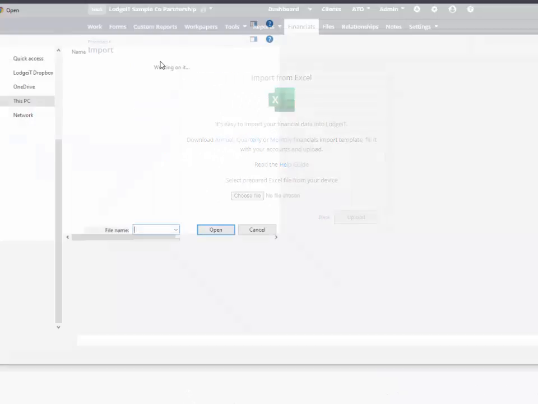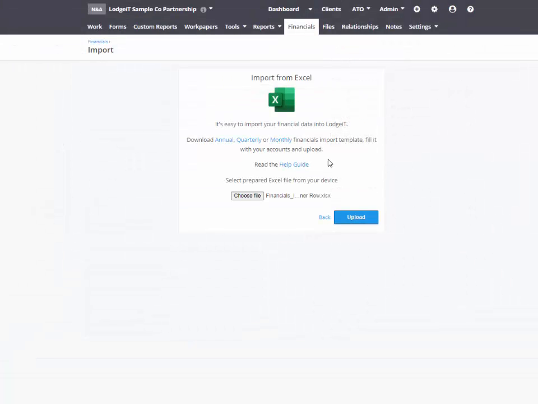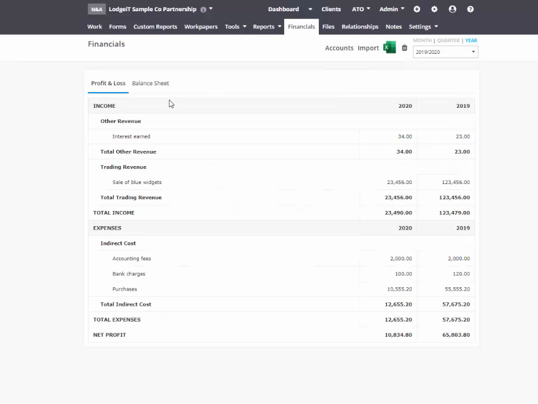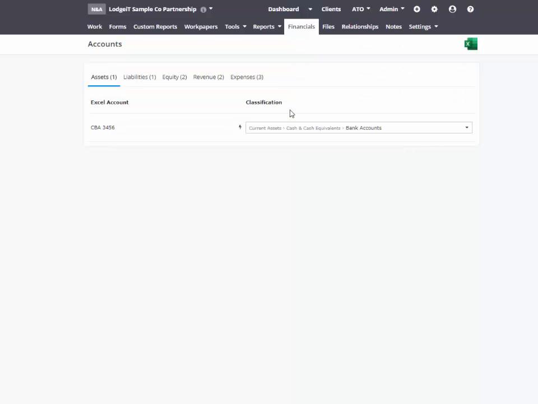Import that single row partnership first. So single partner row. Upload that. Easy. So you've got your profit and loss. You get balance sheet. Just check those balance. Manage the classifications. It's all good.